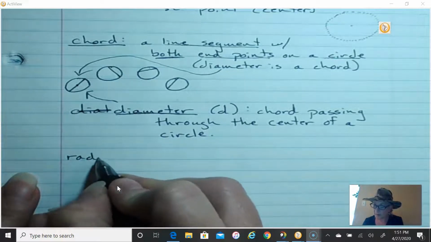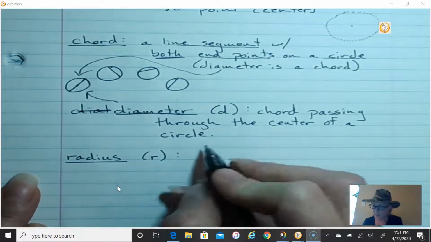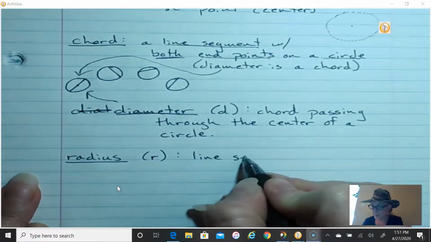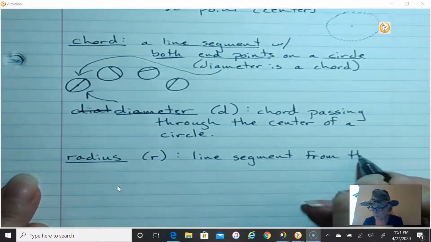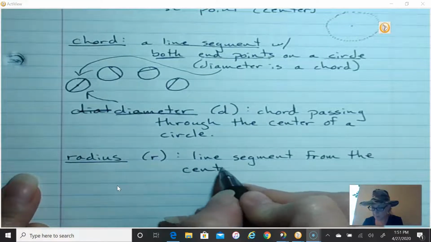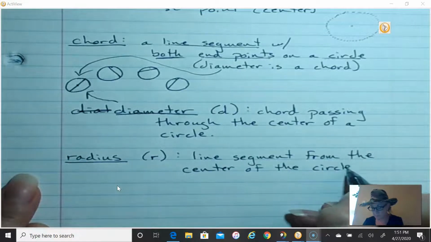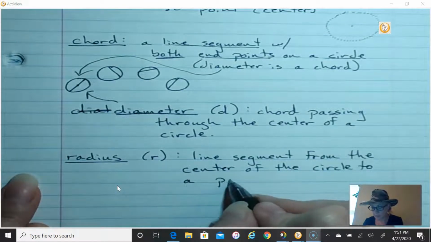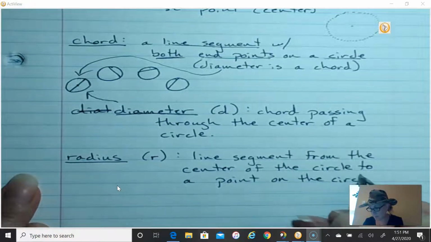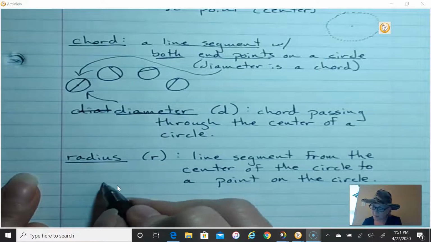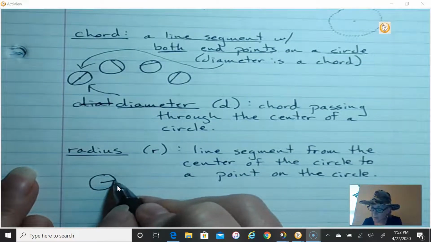All right, radius. It's R. It's a line segment from the center of the circle to a point on the circle. Basically, if that's the center, the radius is that.